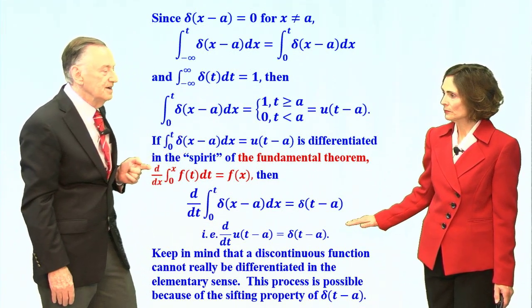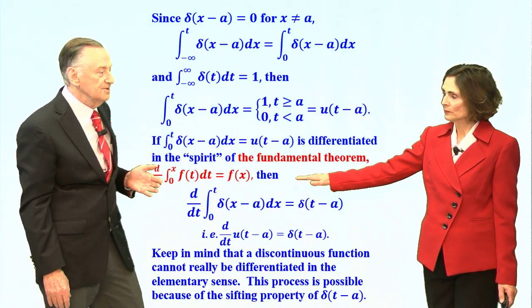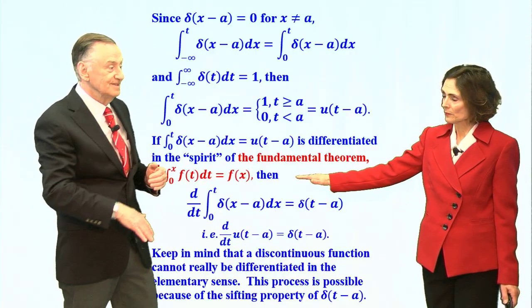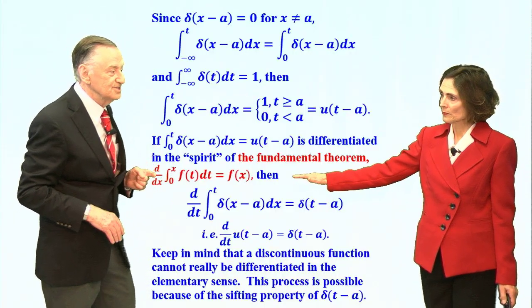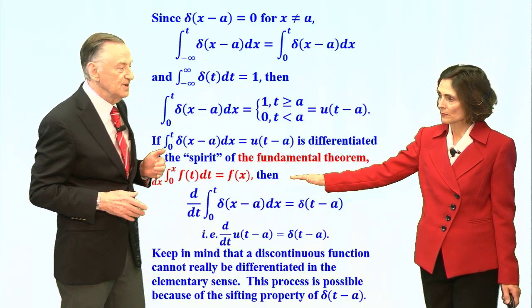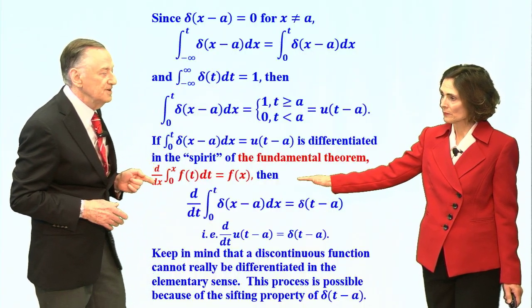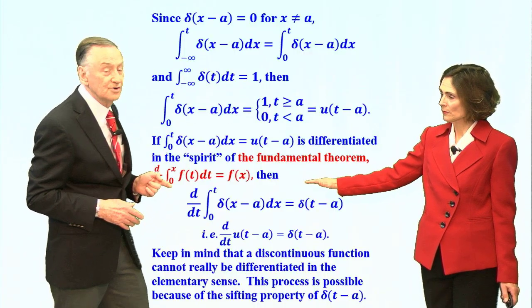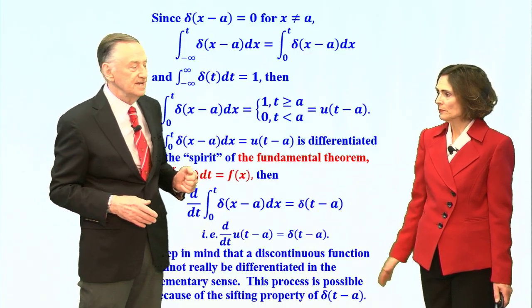So if we think of the fundamental theorem of calculus, now we don't actually have a function here. This infinite jump is not actually a function, but if you think of the first fundamental theorem, and as our textbook said, the spirit of it, we've got the derivative with respect to x of the integral from 0 to x of f of t dt.